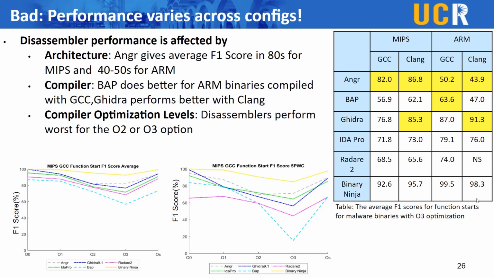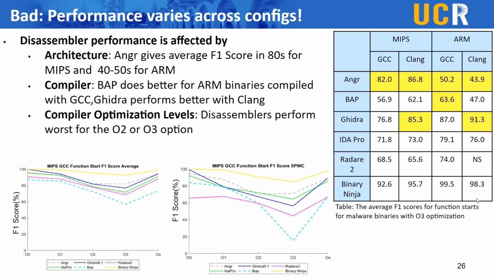If you look at the table on the right, for example, for Angr, you can see that clearly Angr does better for the MIPS architecture than for the ARM architecture. If you look at the BAP disassembler, you find that for ARM binaries, it does way better when it's compiled with GCC than compiled with Clang.